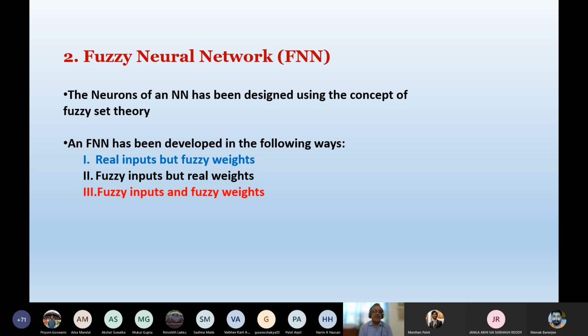The way we developed that fuzzy neural network, we considered three sub-approaches. In sub-approach 1, we considered real inputs but fuzzy weights of the network. In the second, we considered fuzzy inputs but real connecting weights. And in the third, we used fuzzy inputs and fuzzy weights.